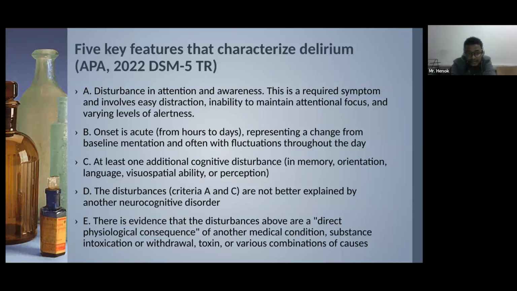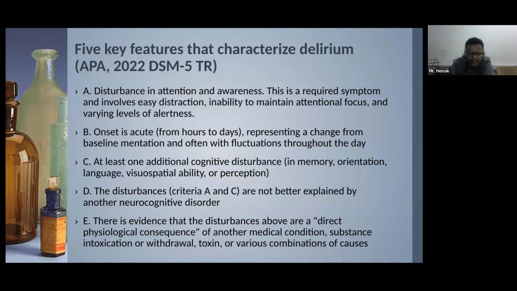And the fourth key feature is that the disturbances listed in criteria A and C should not be secondary to another neurocognitive disorder, for example, a major neurocognitive disorder, which was previously called dementia. It should not be due to other amnestic disorders.